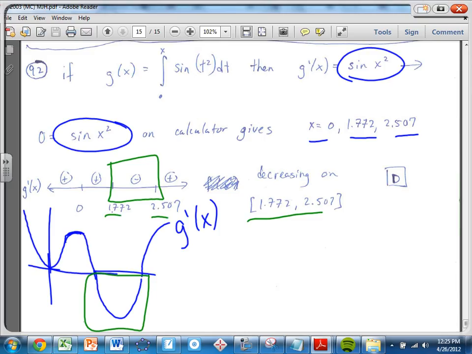Can the calculator take the derivative of the integral? Like graph it? I've never tried it. So you do nDeriv, parentheses, fnInt, parentheses, y1, comma x, comma lower limit, comma upper limit, close.